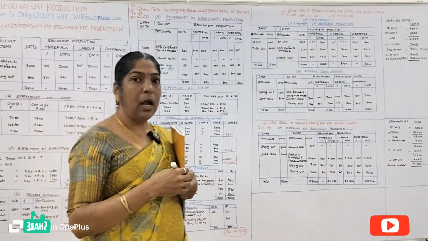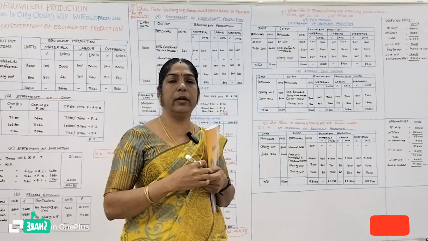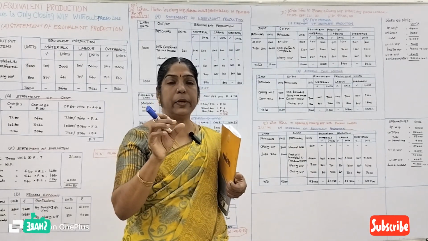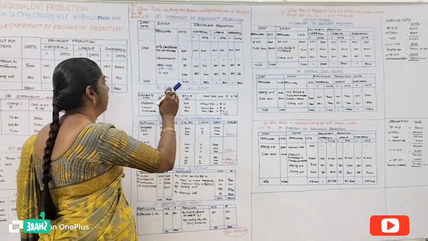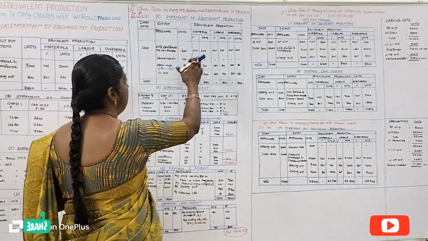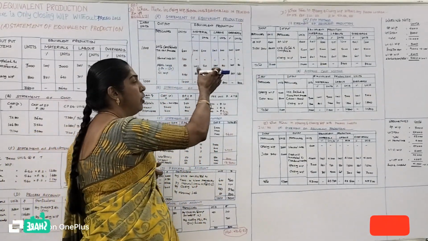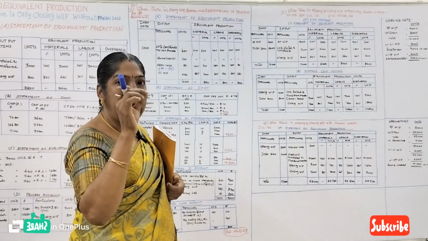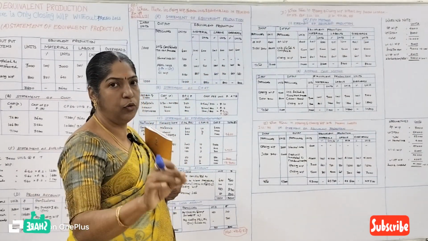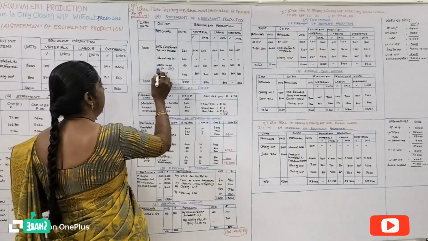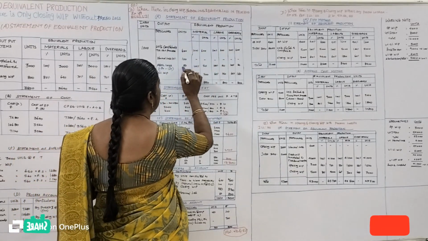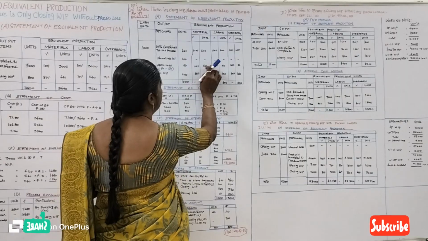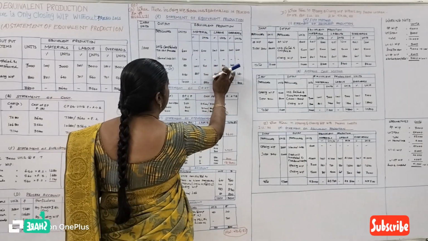Okay, so listen, abnormal loss has 100% degree of completion, 100% work done, as for normal loss. So in equivalent production for each element you are going to enter 100% and full units. For abnormal loss you always enter 100% for material and the same 50 units in the units column, 100% and 50 units.